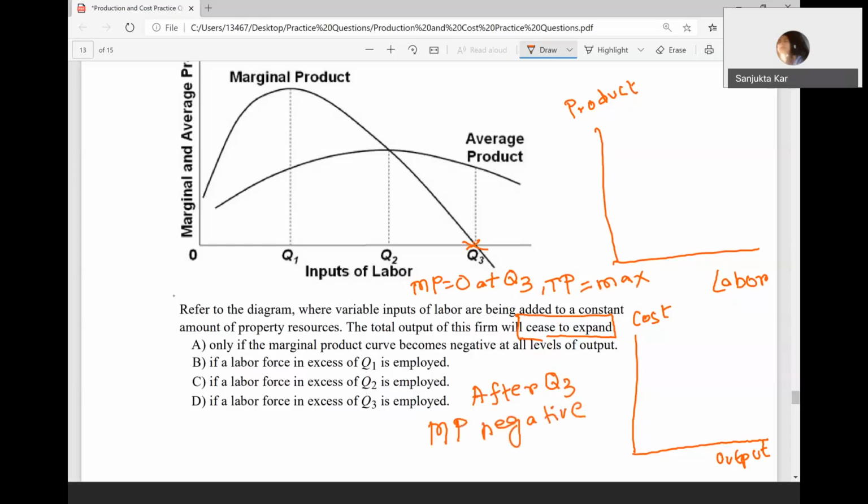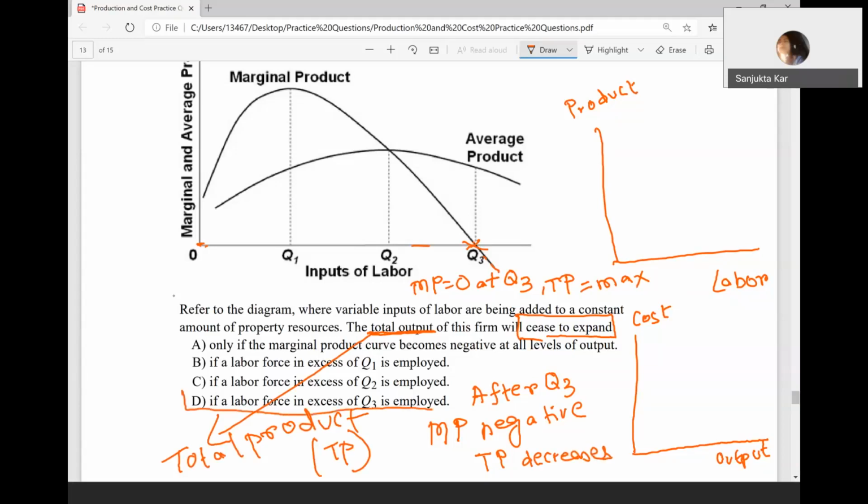As you can see here, this line, anything below this line is a negative number. So marginal product becomes negative whenever the total output, I just wrote this as total product, keeps going down, or when this one decreases. So after Q3, the total product decreases. The hint is this number.